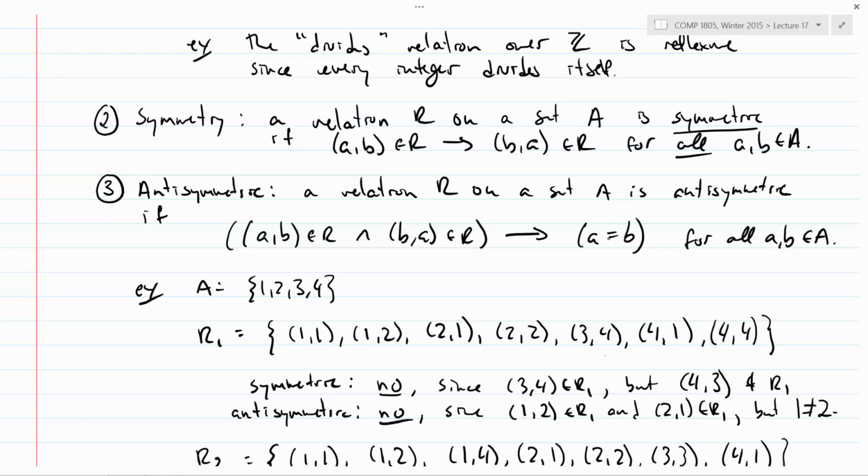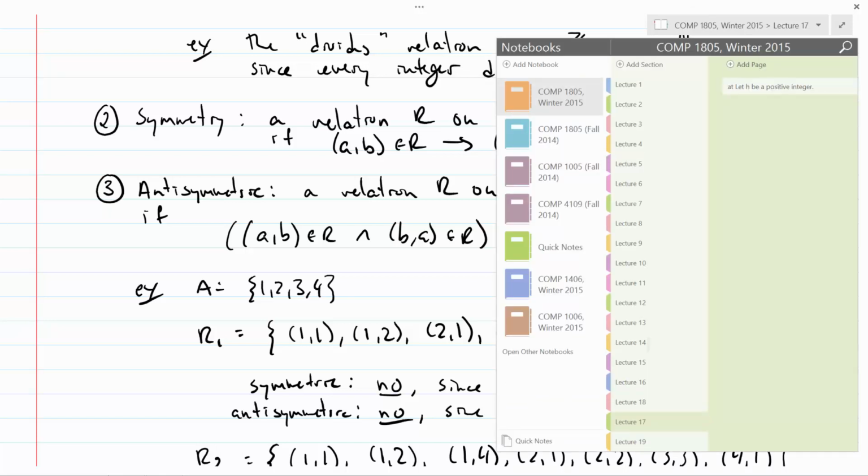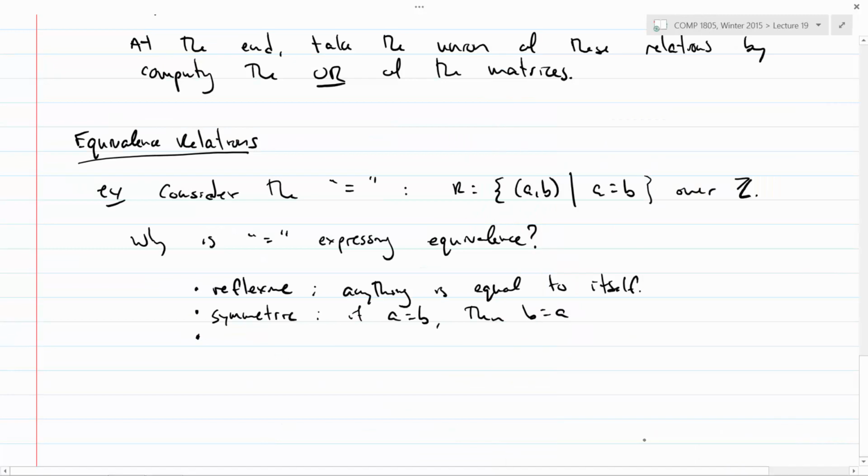So if we're talking about people, that would mean that they're the same people, not equivalent people in the sense of the same GPA. So you don't need to have anti-symmetry to be an equivalence relation, because I could consider two people to be equivalent if they have the same GPA, even though they're not the same person. So anti-symmetry isn't a requirement of an equivalence style relation, even though if we're talking about numbers, it kind of happens anyway.